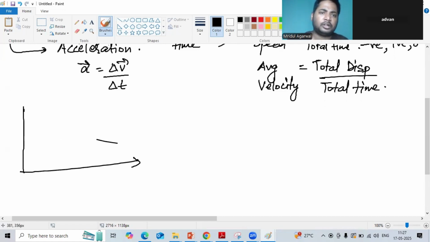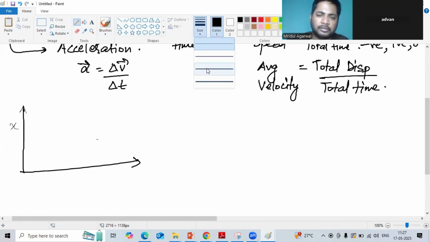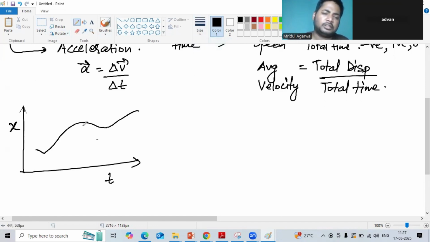If you talk about graphs, we can have graphs based on position and time. On a position versus time curve, if you take any slope, what will it give you?